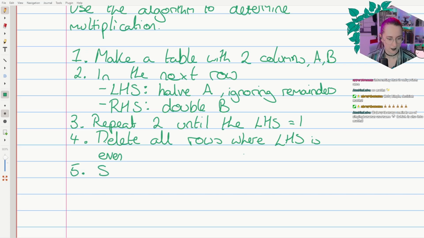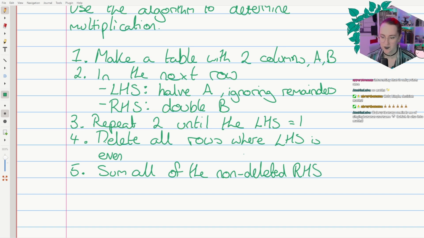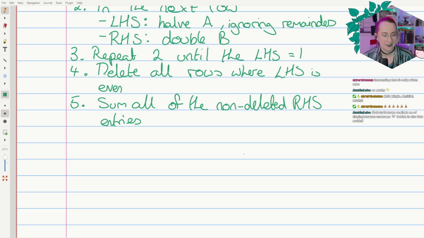And then step 5, sum all of the non-deleted right-hand side entries. When I first saw this, I'm going to be honest, I didn't think it was going to work. Didn't see this before, didn't really think about it too hard. And I was like, oh, that seems like a really weird way of doing multiplication. But actually, it is quite good.